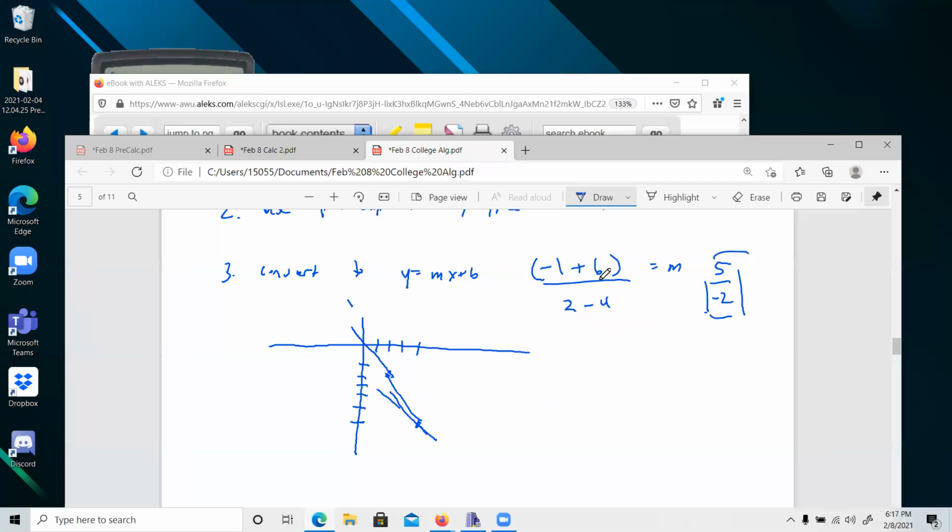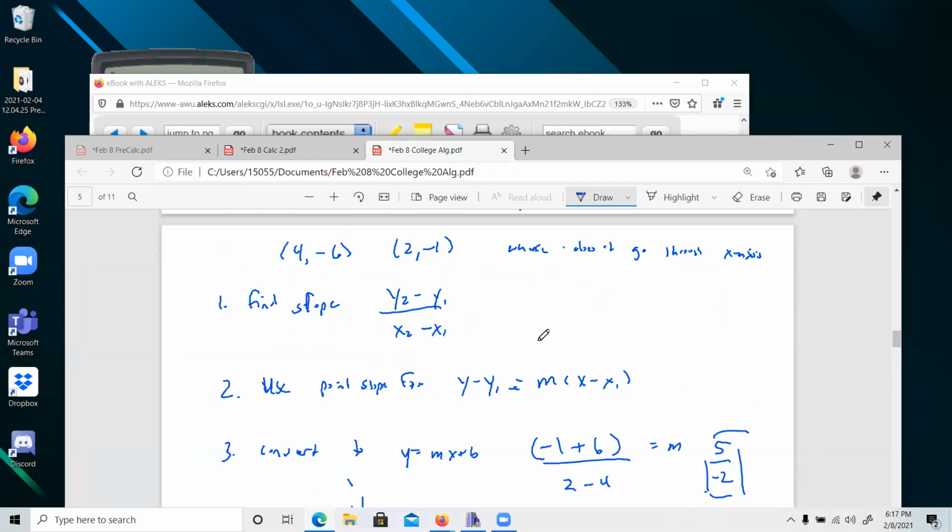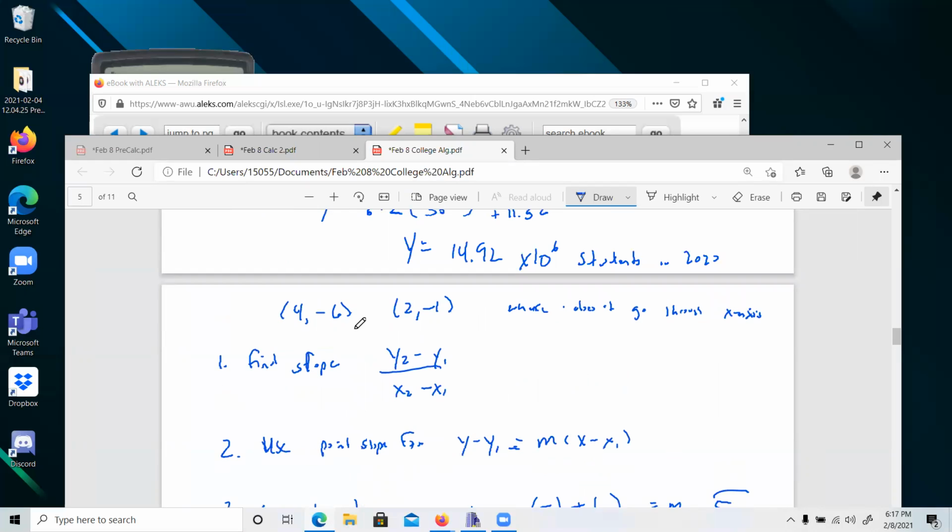Pick a point, either one. They're both terrible. We'll go with the first one, (4, -6).